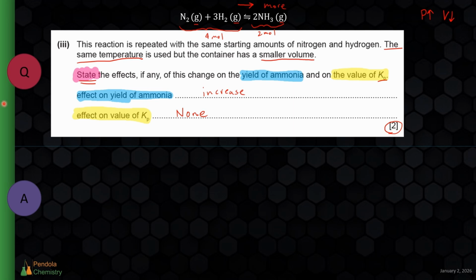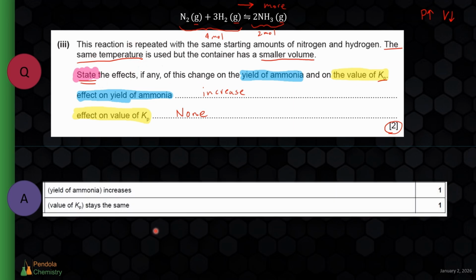We're going to get more ammonia out of this reaction. And again, the effect on the value of Kp is none, because the only thing that affects the value of the equilibrium constants, whether it's Kp or Kc, is temperature, and they tell us the temperature stays the same. So the yield of ammonia increases, and the value of Kp stays the same, or there's no effect on the value of Kp.